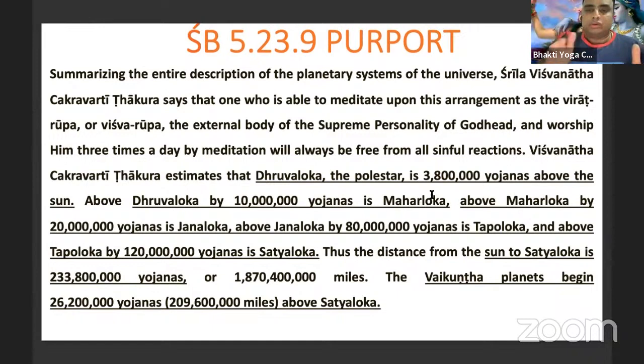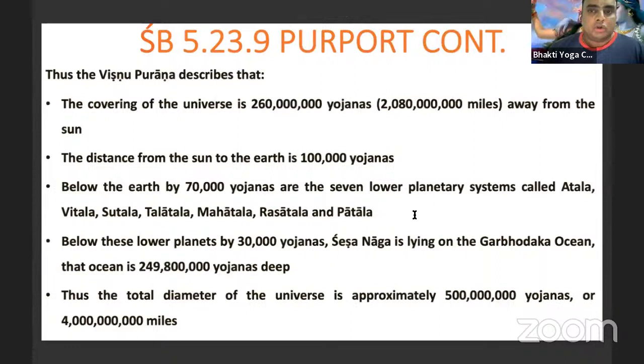When we covered the Saptadvipas, we saw how the horizontal diameter was calculated. But in this purport, it explains the vertical diameter's estimation. It was concluded that the vertical diameter is also about 500 million yojanas.